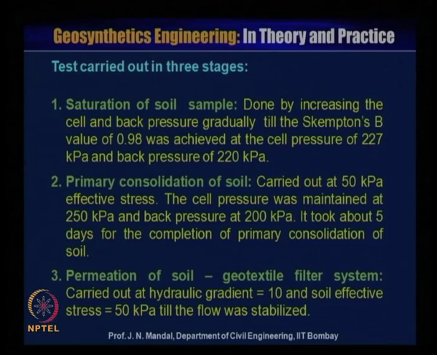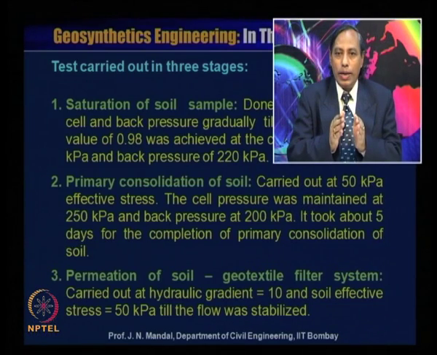Then secondly, primary consolidation of the soil was carried out at 50 kilopascal effective stress, the cell pressure was maintained at 250 kilopascal and back pressure at 200 kilopascal. It took about 5 days for the completion of the primary consolidation of soil.